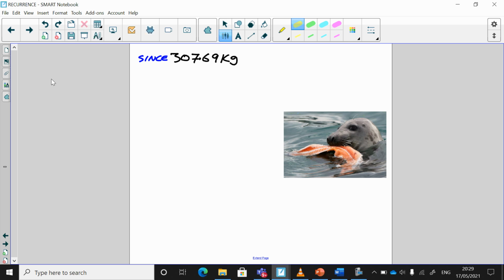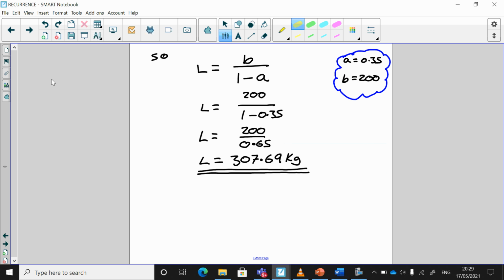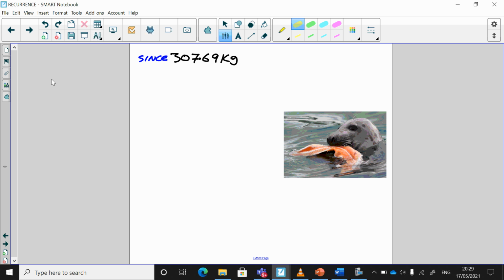Right, so now we need to compare our limit. That's what we found. We found the limit. We need to compare our limit with the target value, the accepted amount of waste that they say is fine, which was 350. So our limit is less than 350.